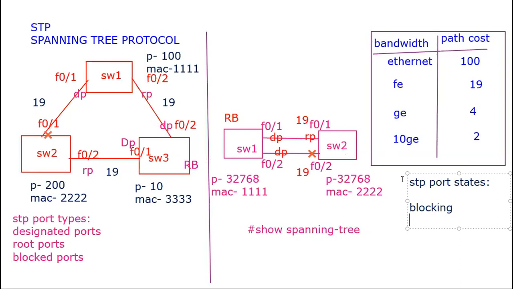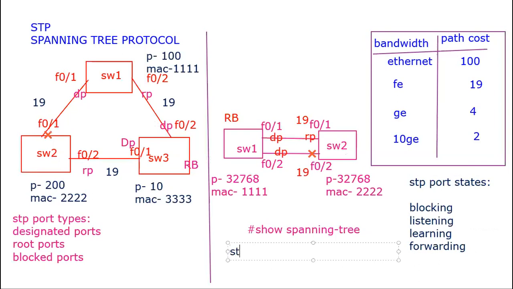That is the STP convergence time actually, which the switch ports take to come up. So from blocking it goes into the listening state. From listening it goes to the learning state. From learning it goes to the forwarding state. So these are the port states of STP: blocking, listening, learning, forwarding.